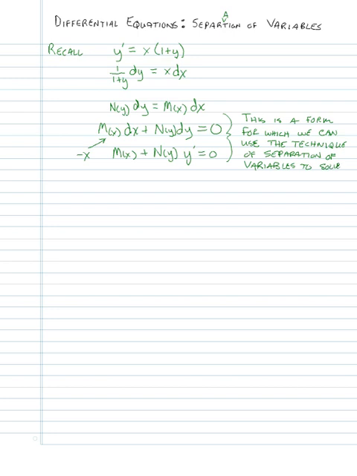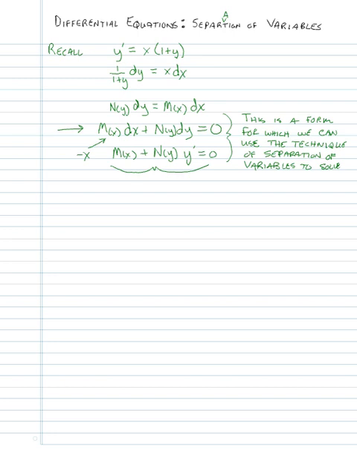Now, specifically, in this particular form, the variables are already separated. In this form, the variables are not already separated, because of the y prime. But this form is a technique that is easy for us to apply.